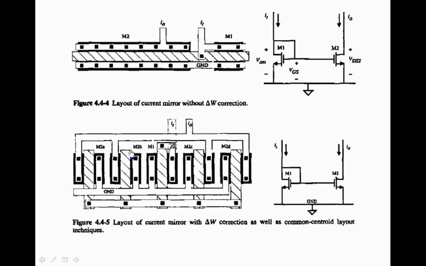And M2, if you observe, is not a single transistor, it is M2A, M2B, M2C, M2D, all 4 equal to the unit size of M1. So now M2 is the sum of 4 unit transistors whose length is the same as M1 length, but whose width is 4 times that of M1. This is with width correction.